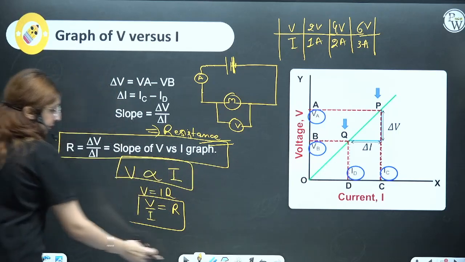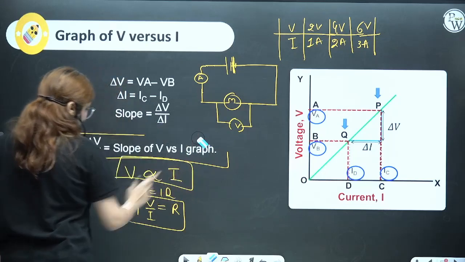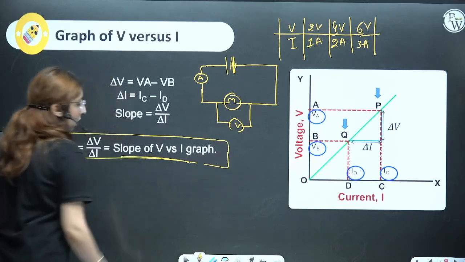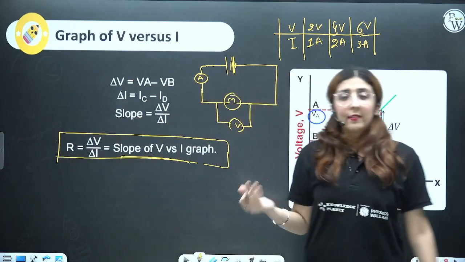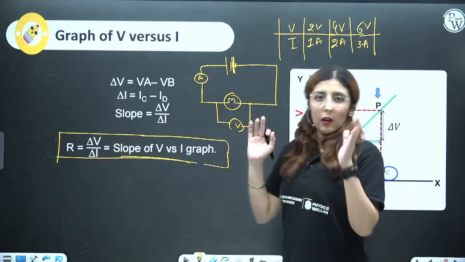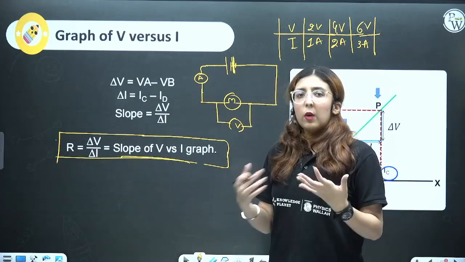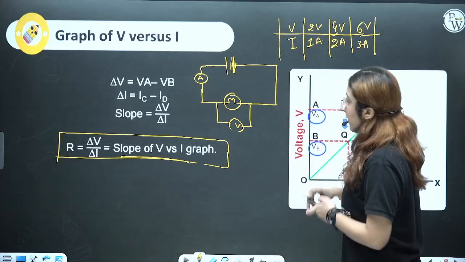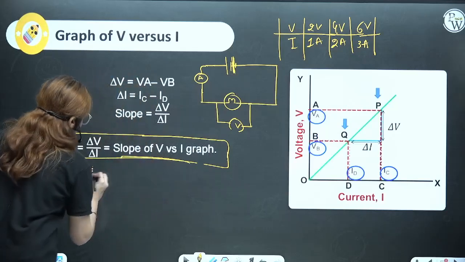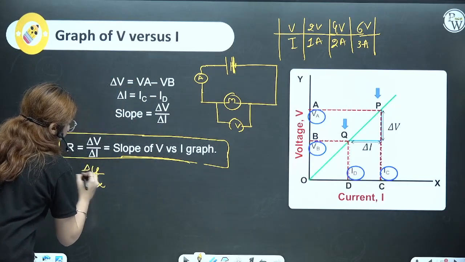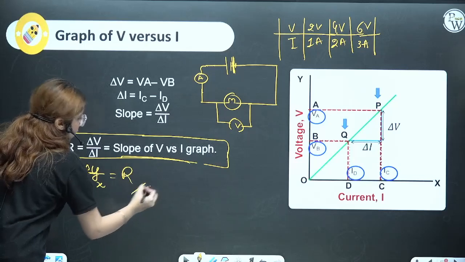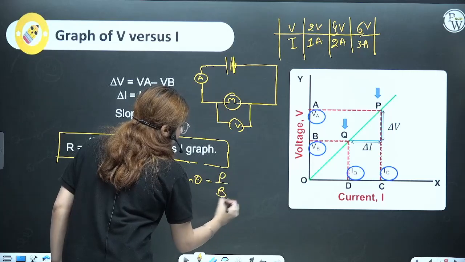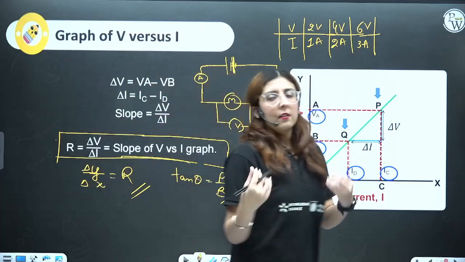Let me erase the rest of the things. In the exam, questions are going to come where they give you a graph and ask what the resistance is. For that scenario, you take y by x, the difference in y by the difference in x, which gives you resistance, or tan theta, perpendicular by base, whichever is comfortable to you.